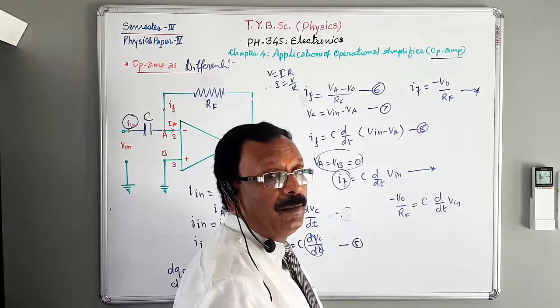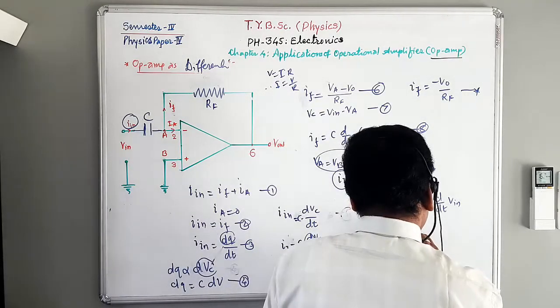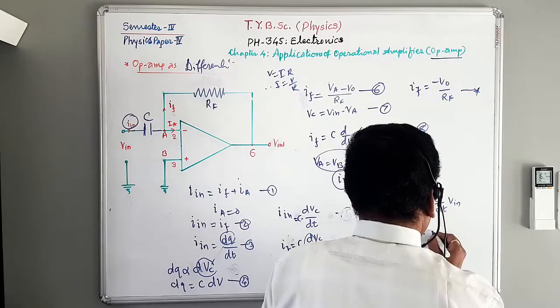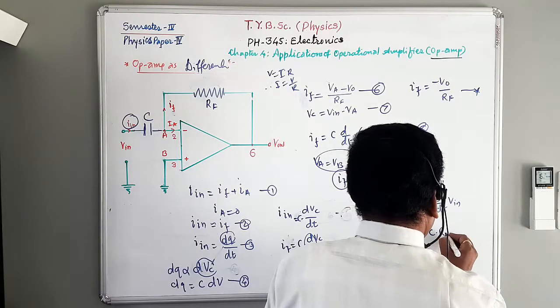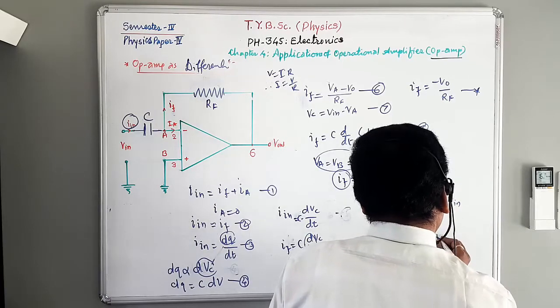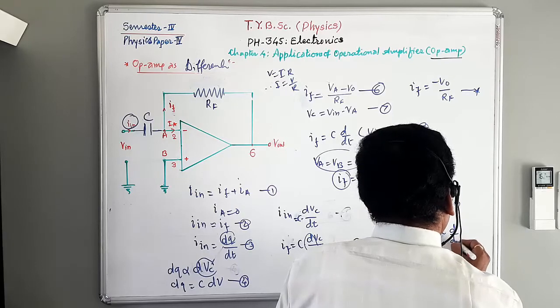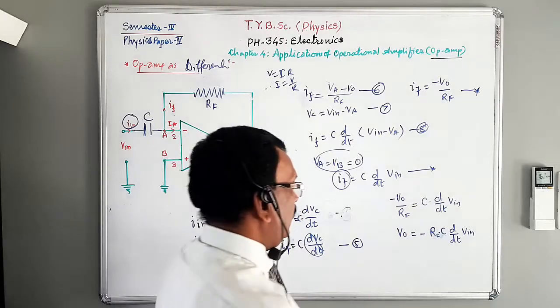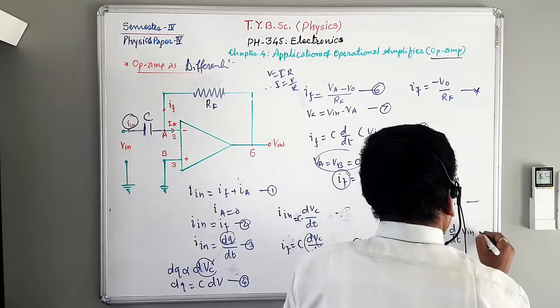Or simply, V_0 is equal to minus R_F C d by dt V_in, and this is equation 9.